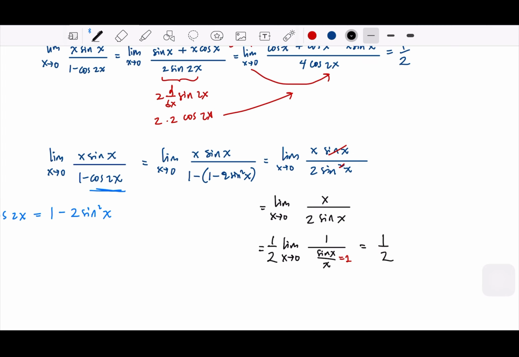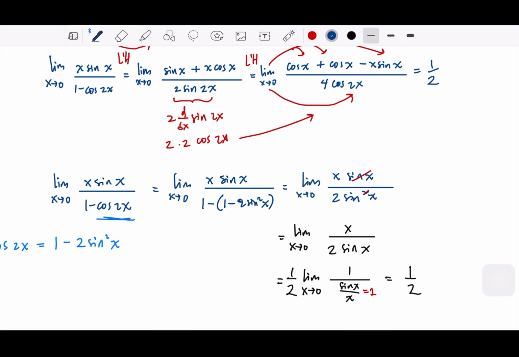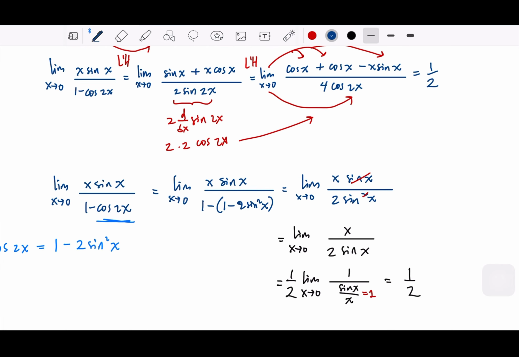So remember that whichever method you are going to use, both are correct, and the preferable option is up to you. How do you get sine x over x again? That's the property of the limit.